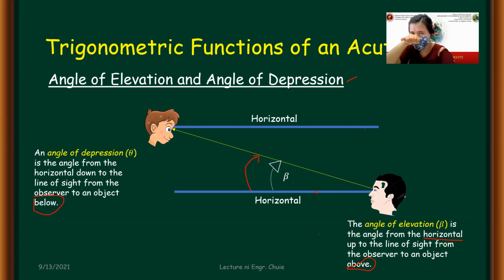If this is your horizontal going up to the top, that is the angle of elevation. For the angle of depression, our initial point is also the horizontal, and our terminal is the line of sight. To make it easier to understand, the angle of elevation is upward, and the angle of depression is downward. Okay?